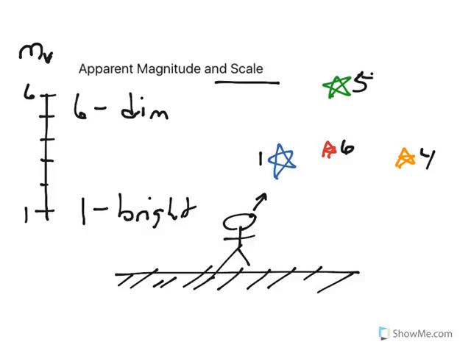But what about other objects in the sky, such as maybe there was a full moon out tonight, or Uranus, or Neptune, or Venus? How do we put these objects in this scale? Well, we have to enlarge our scale, because these objects could be brighter or dimmer than our 1 to 6 magnitude scale. So let's go ahead and enlarge our scale.